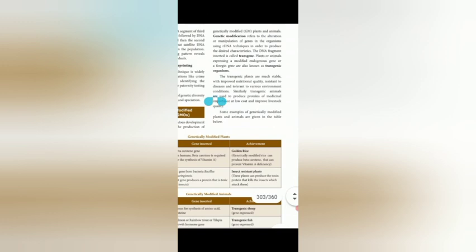Then by using this GMO, genetically modified organism, we can produce plant protein as well as animal protein. Those proteins are used to prepare medicines. That is said to be medicinally important, low cost, and also improves livestock quality.